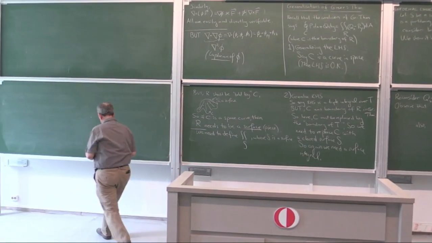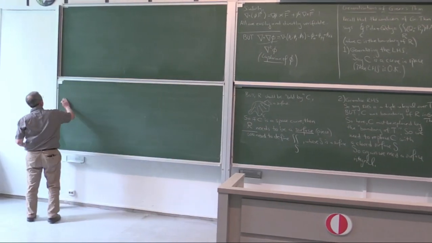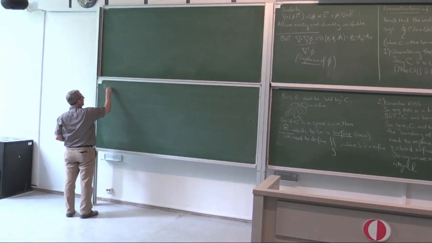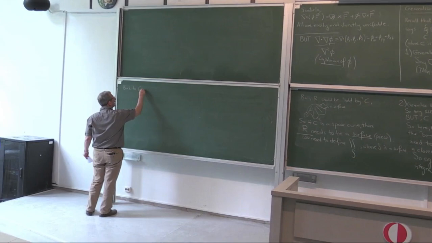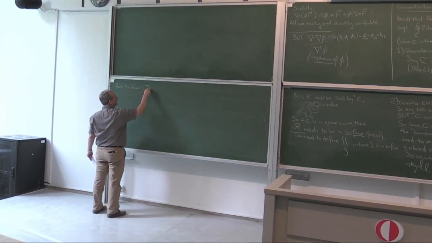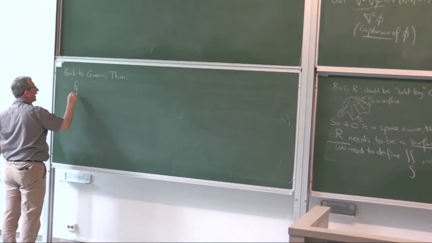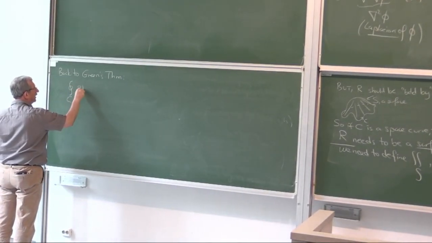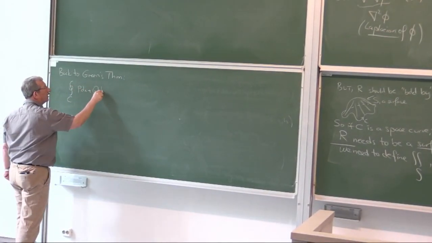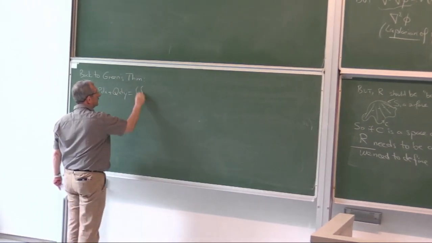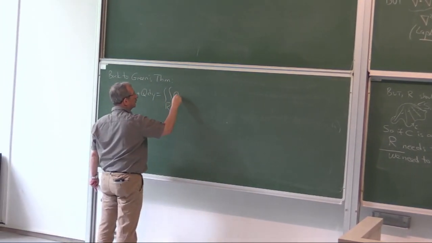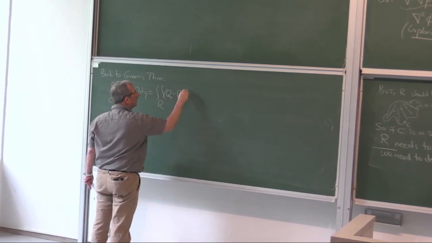Now, again, this time back to Green's theorem. It says that we have P dx plus Q dy is the double integral over R of Q sub x minus P sub y dA.